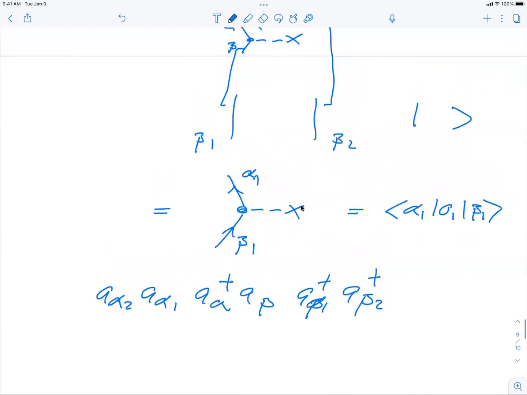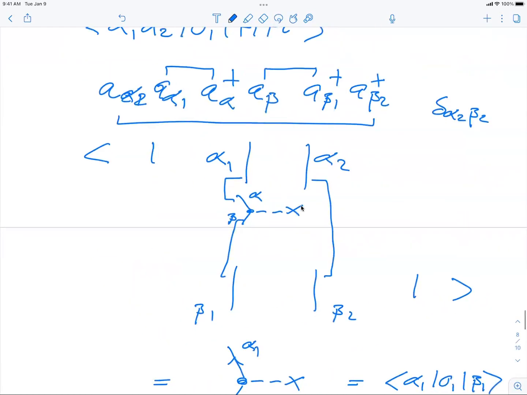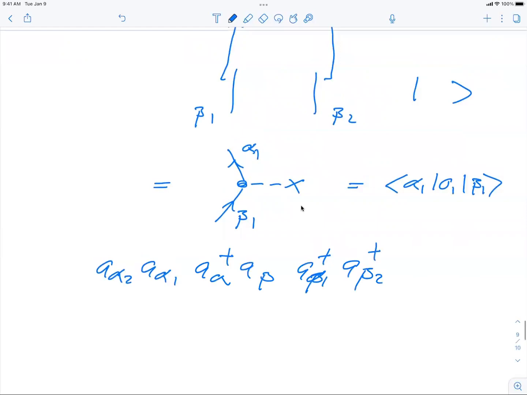In the previous case, we kept beta with beta 1. So let's still do that. But now we could let alpha 2 go to alpha. Then we have alpha 1 to beta 2. So that's also non-zero, if alpha 1 is equal to beta 2.